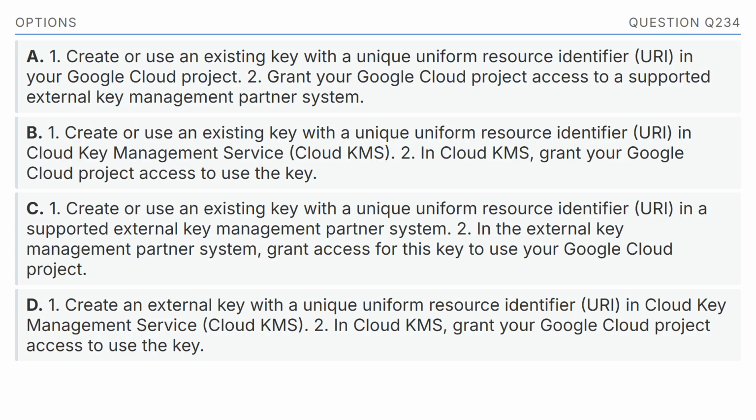In the external key management partner system, grant access for this key to use your Google Cloud project. Option D, 1. Create an external key with a unique URI in Cloud Key Management Service, Cloud KMS. 2. In Cloud KMS, grant your Google Cloud project access to use the key.